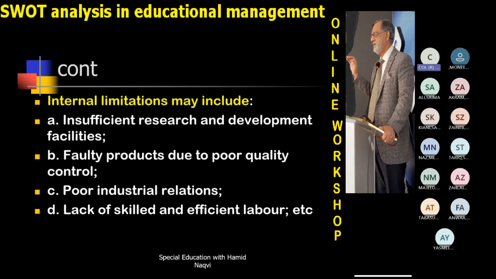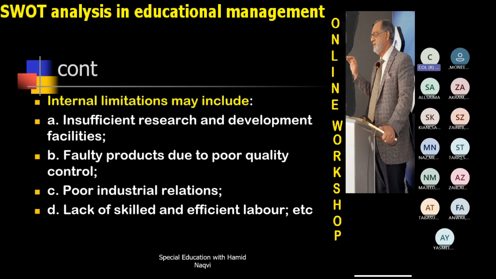Then lack of skilled and efficient labor. You might be thinking that you are going to bring a revolution in the educational sector. You have put in a lot of money, but ultimately you come to know that you established a school in a rural area where good teachers are not willing to go, and you have no hostel facility, no residential facilities to offer them.